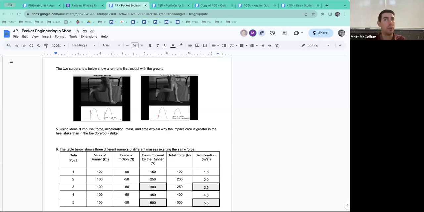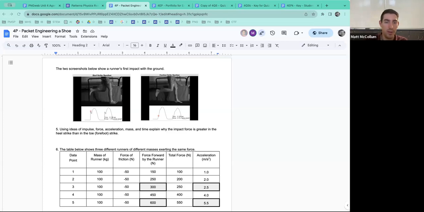These are things that our force sensors or Vernier force sensors can do, just not nearly as elegantly as on a treadmill like these ones. So they are able to get those applications.